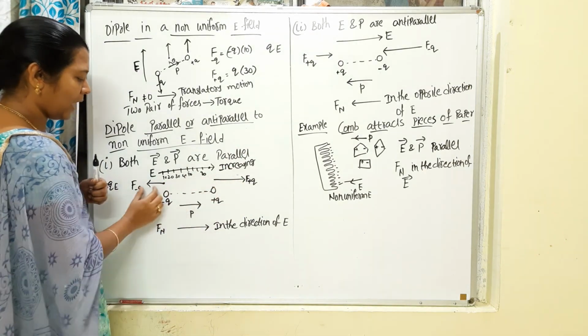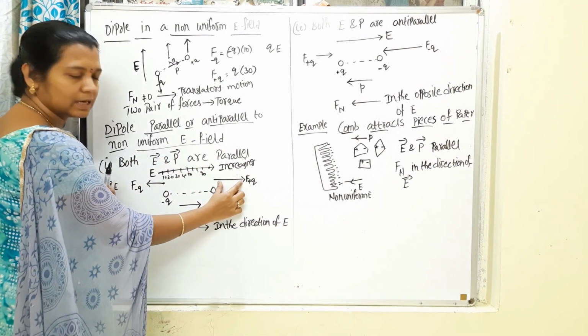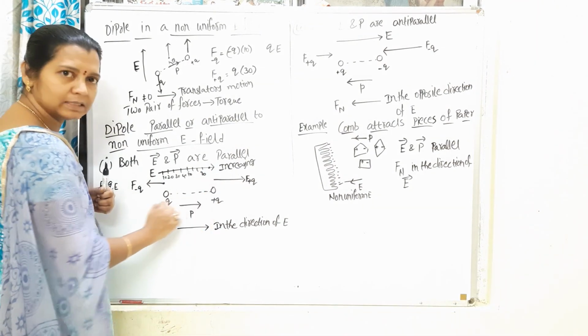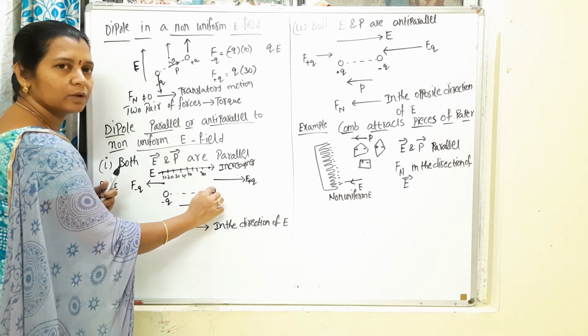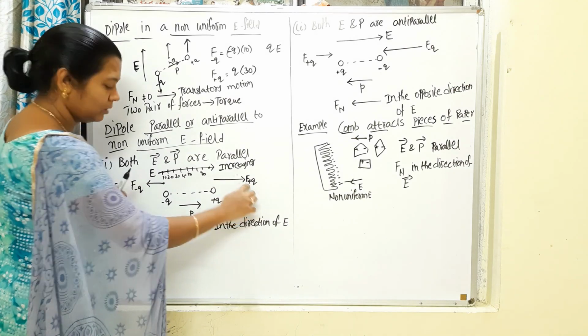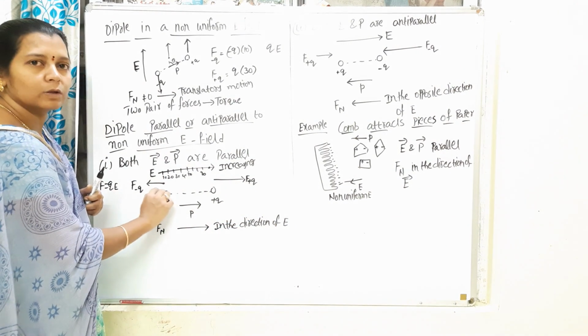Observe this arrow length. Here I have drawn the arrow length large. Why? Because even though the charges are the same, the electric field here is more. If the electric field here is more, the force is also more. Whereas here the electric field magnitude is less, so the force is also less.